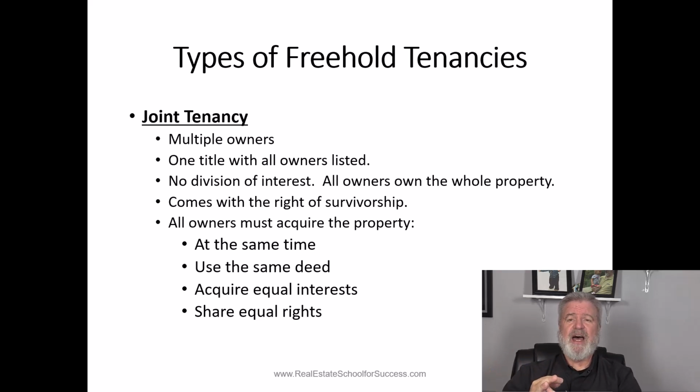You can't just decide, because I don't want to do this no more, I want out. That ain't going to work. Now, if you can prove to the court that you're experiencing some kind of hardship, maybe caused directly because of what your partners are doing, they're causing you to lose money, whatever. If you can show that or prove that, then the courts will likely agree to partition the property.